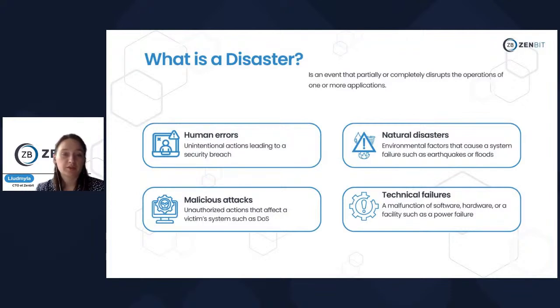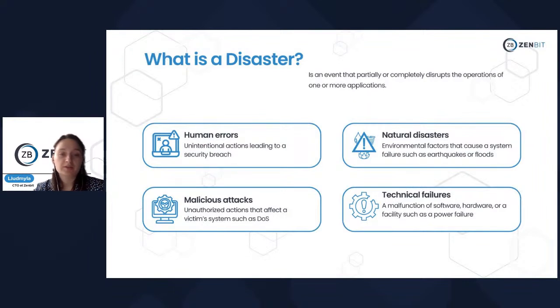The first one is human errors. These are actions that lead to a security breach, such as inadvertent misconfiguration of the software or a database. The second one could be a malicious attack. These are unauthorized actions that affect a victim system, such as a denial of service or ransomware attack.